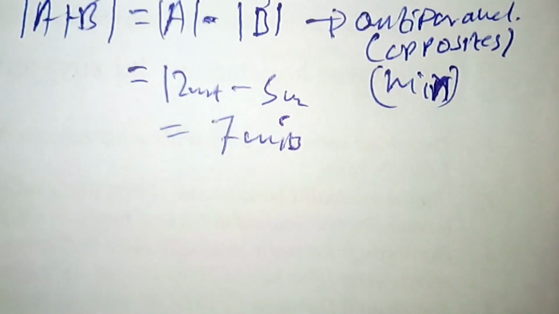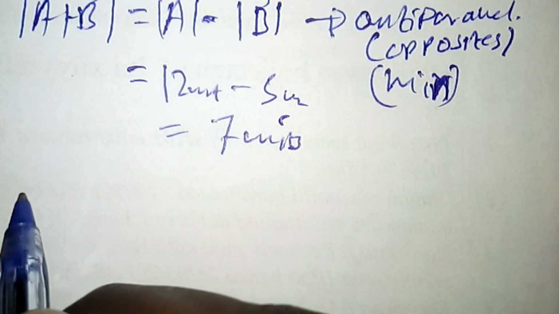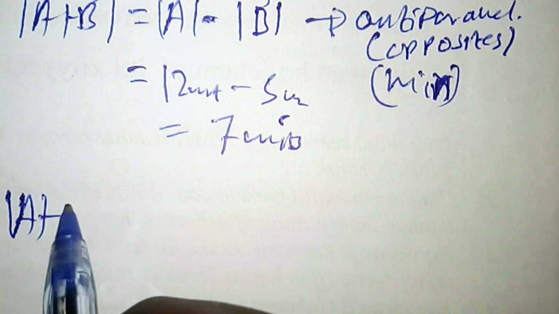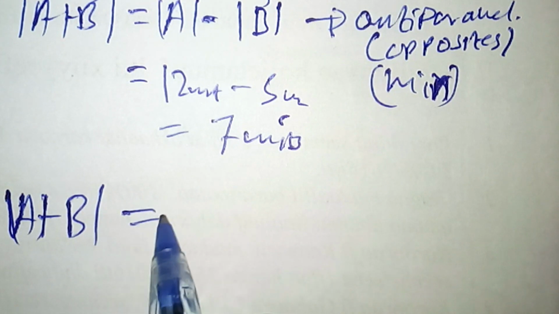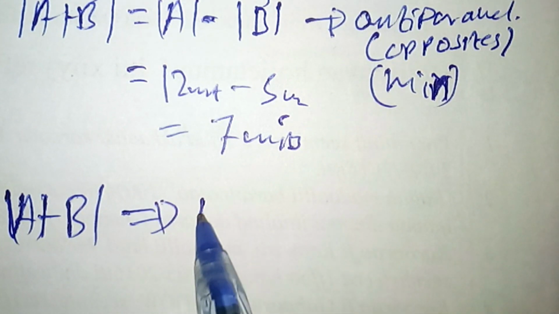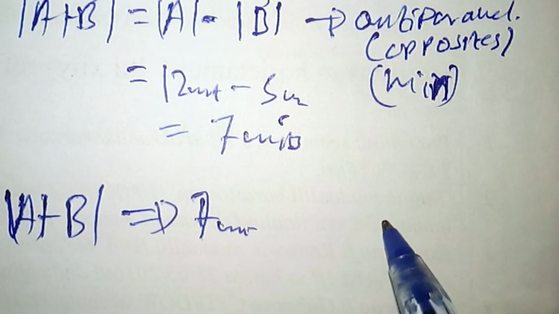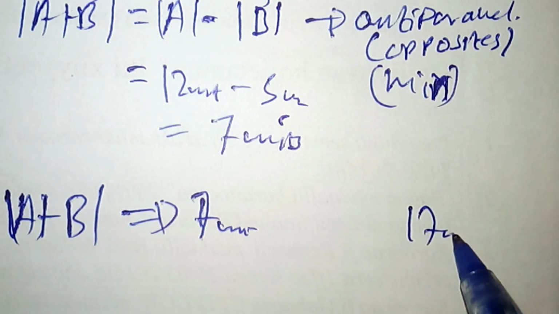So the possible values of the magnitude of vector A plus vector B can be the minimum, which is 7 units, and the maximum, which is 17 units.